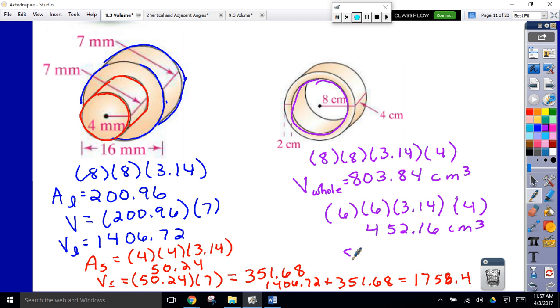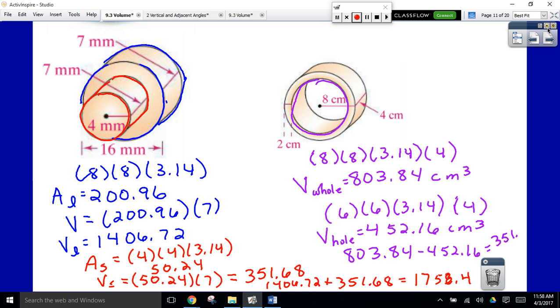So we're going to start with the volume of the whole thing, and then we're going to take away the volume of the hole, minus 452.16, gives us a volume of what? Anna? 351.68 cubic centimeters. Good.